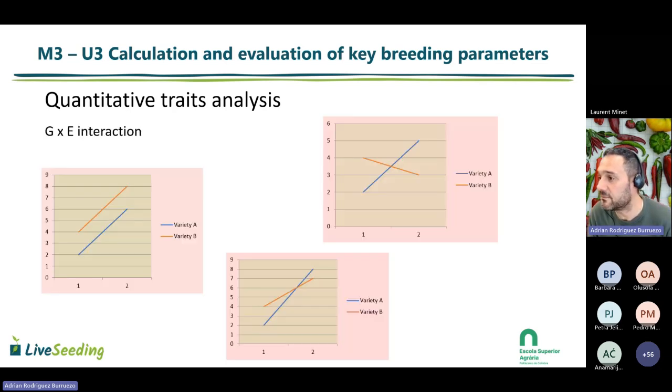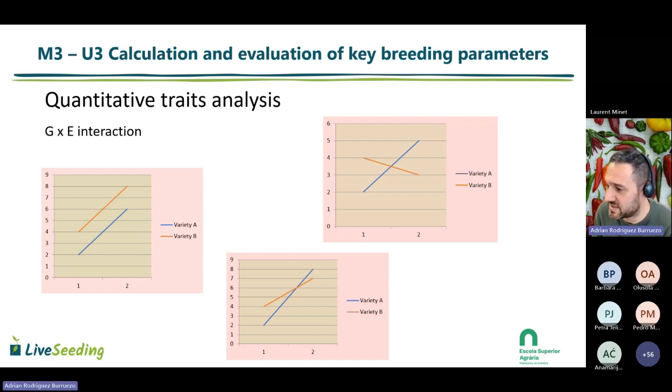Okay, and finally, the genotype by environment interaction. I have simplified it to understand this concept well. Imagine you are working with a battery of varieties in several environments. In this case, I have simplified to 2 environments, environment 1 and environment 2, with variety A in blue and variety B in orange.